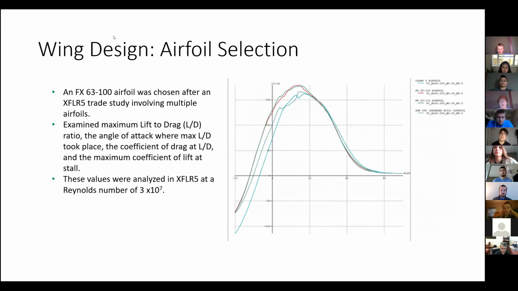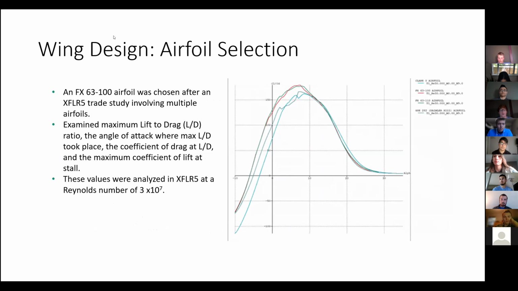So this is just one of our graphics. This is examining our coefficient of lift over coefficient of drag at various alpha. And this is just one of the 4 parameters that we ended up taking a look at to examine the best airfoils.